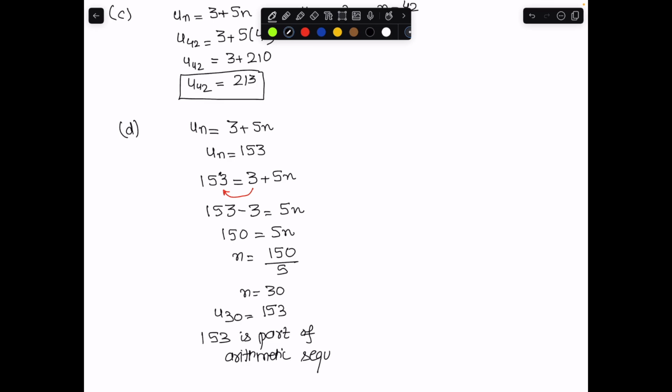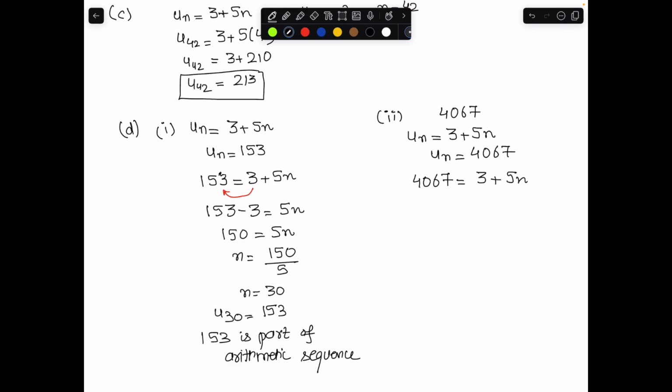Now let's try to find the second thing, which was 4067. Similarly, I will use the same method, un equals 3 plus 5n. So I'm going to use un as 4067. So 4067 equals 3 plus 5n. I'm going to solve this using the same method. So 4067 minus 3 equals 5n.